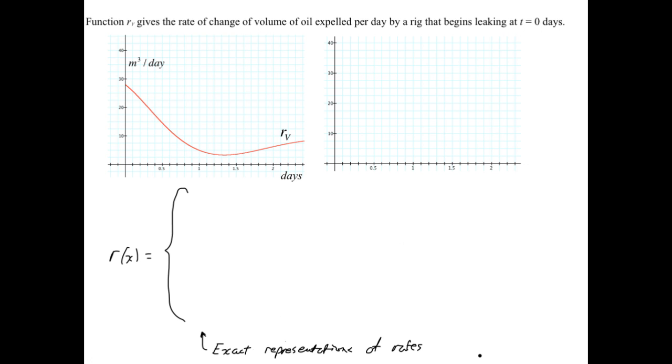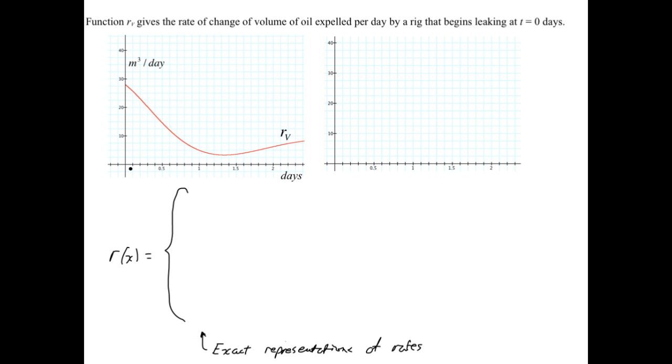So, what's our first constant rate? How about Noelle? What's the first constant rate? She wants R_v of 0. Is that what you guys got? So in the first interval, we want a constant rate that's equal to the rate at the left side of that interval. What is the rate of change at the left side of that interval?